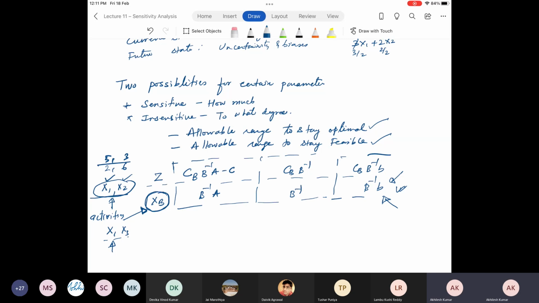Now looking at this structure which I have written for simplex, what do you think? For which variables do I need to find the allowable range to stay feasible, and for which one do I need to find the allowable range to stay optimal? If I make any changes in the b vector, the RHS value, where does it affect? The optimality side or the feasibility side?